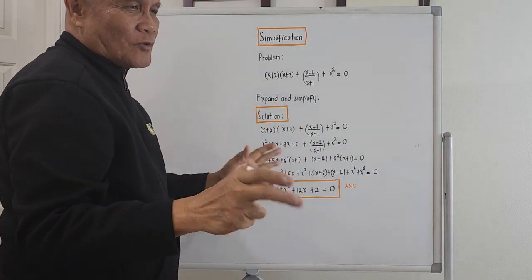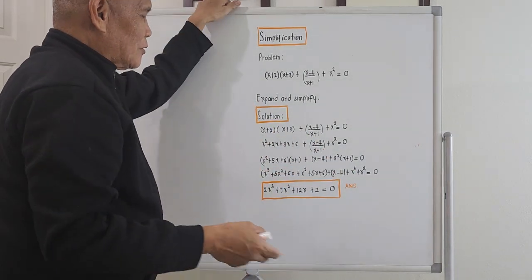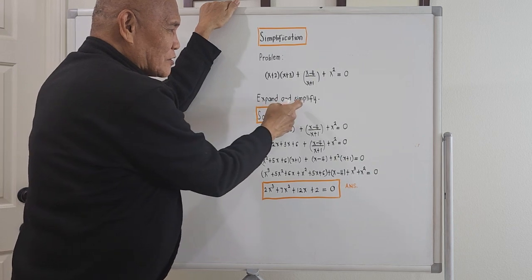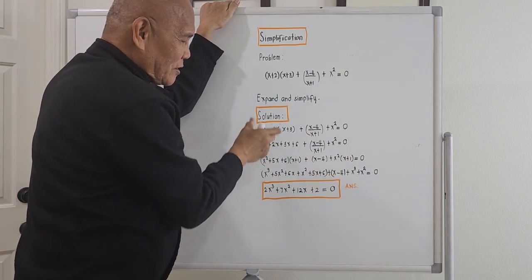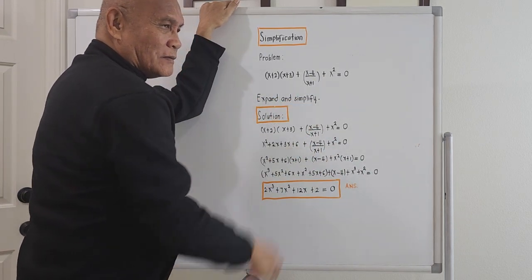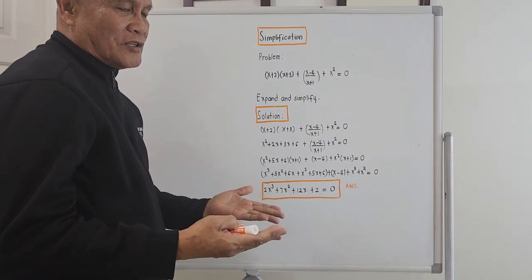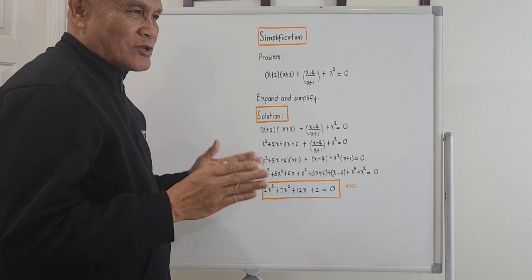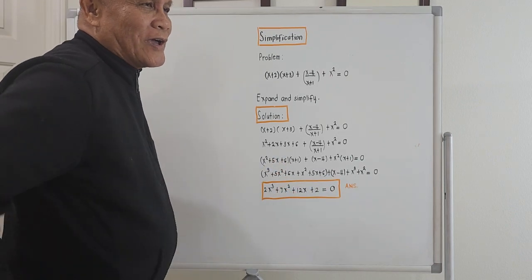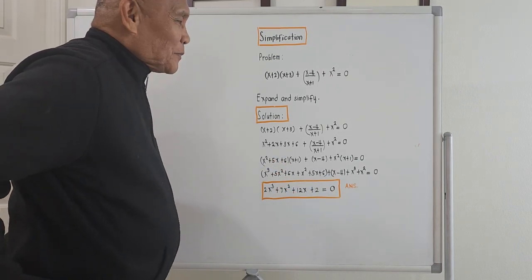The problem is only asking for the so-called expansion and simplification. So it says expand and simplify. That is just an easy matter if you know how to expand and simplify. Let's proceed with the solution.